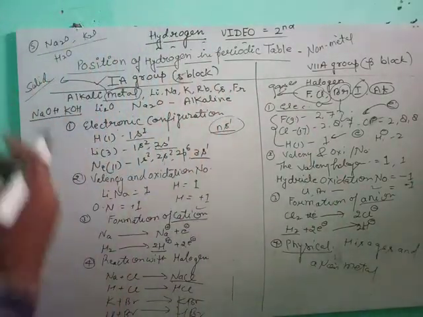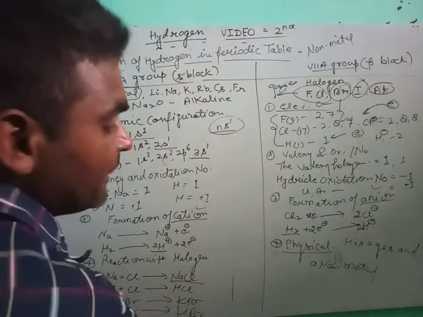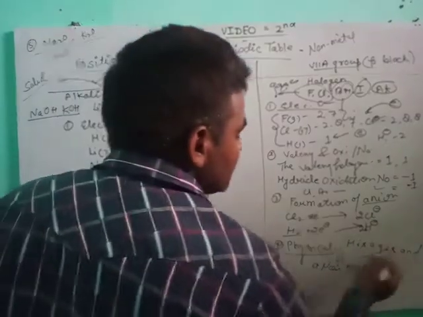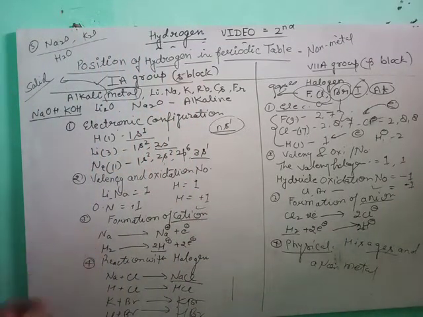So this is the most common property of hydrogen with halogens, because both are non-metals and both have similar properties, meaning gaseous state or liquid state, but alkali metals are solid and metals.